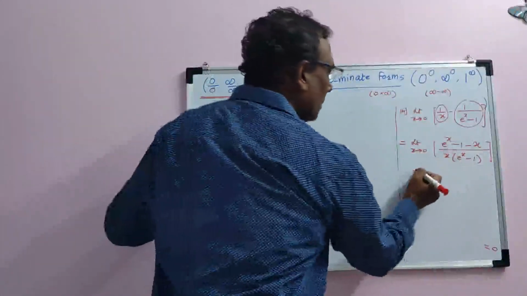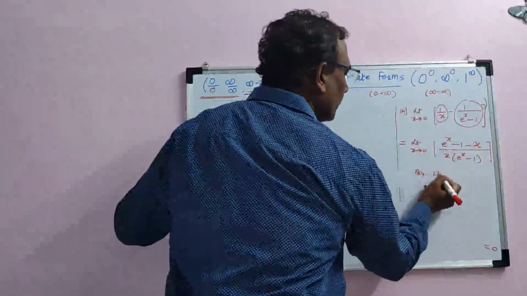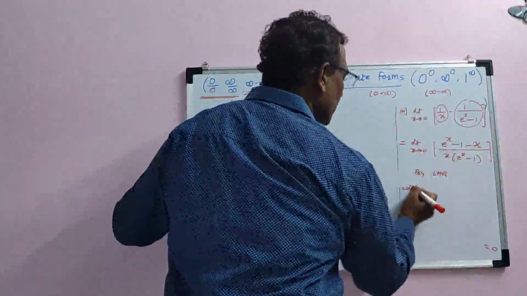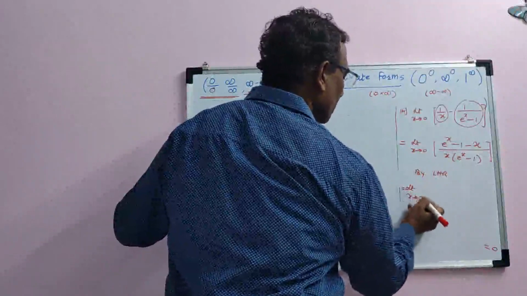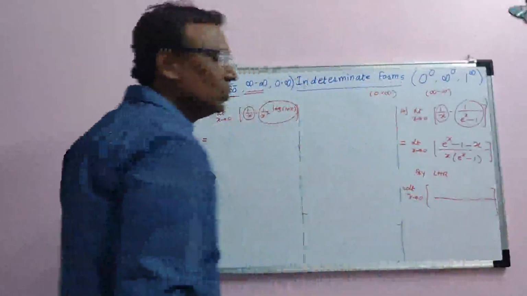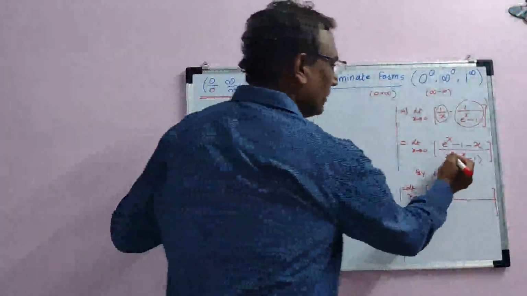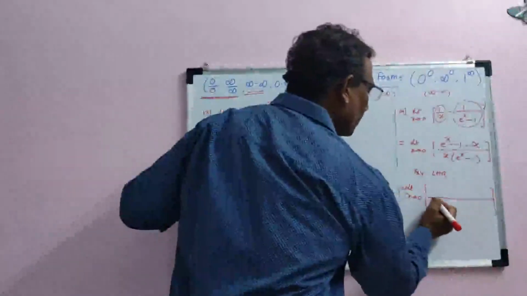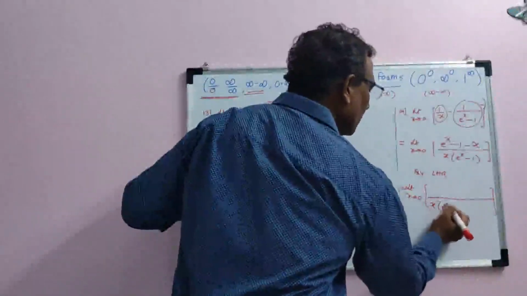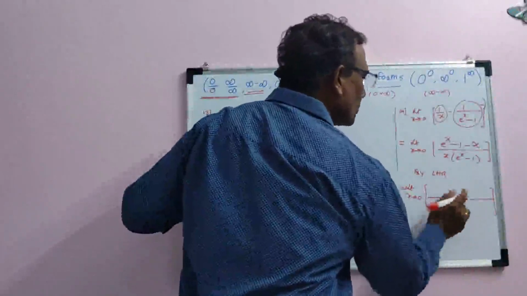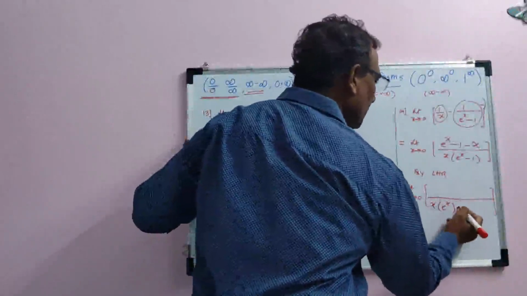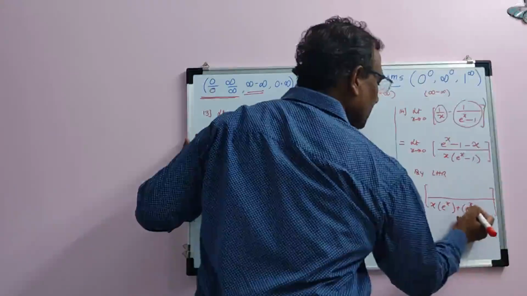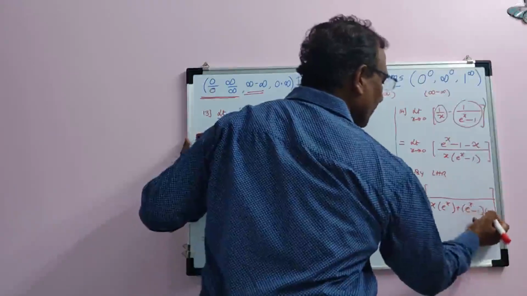You can check it. By L'Hospital rule, limit x tends to 0, take derivative of denominator and numerator separately. See, we are applying product rule here. First function, derivative of e raised to x minus 1 is this, plus second function, derivative of x is 1.